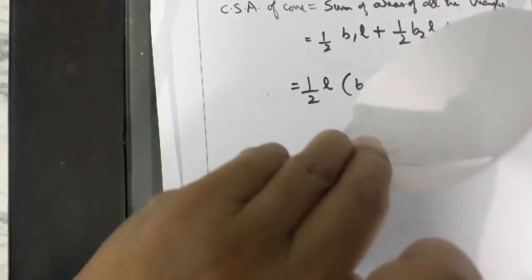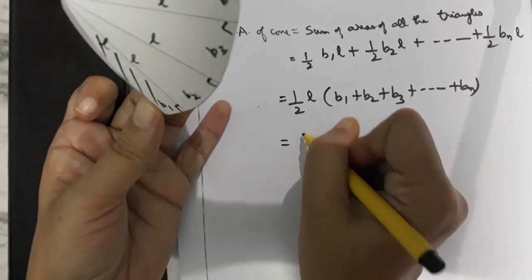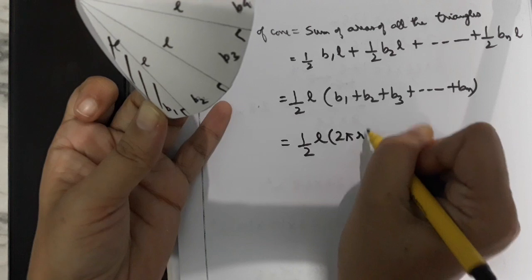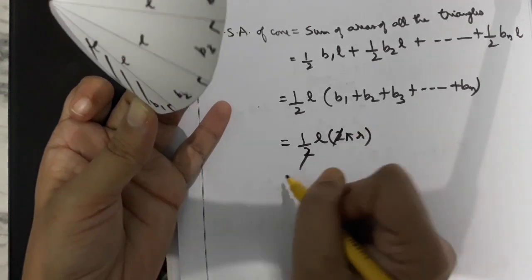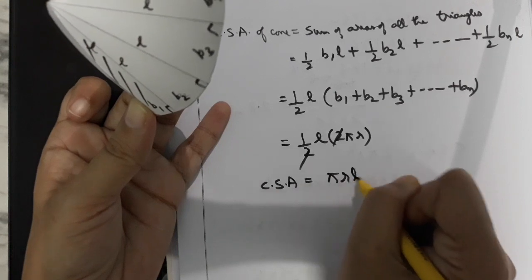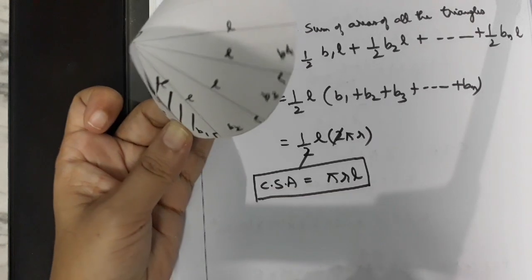This is the circumference of the circle, and we know that the circumference of the circle is 2 pi r. So we substitute this value, half of L into 2 pi r. So 2 and 2 get cancelled. Therefore the curved surface area of the cone is pi r L.